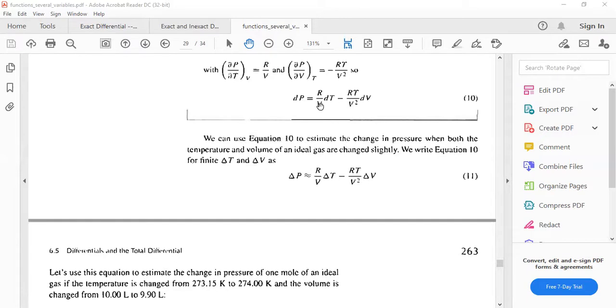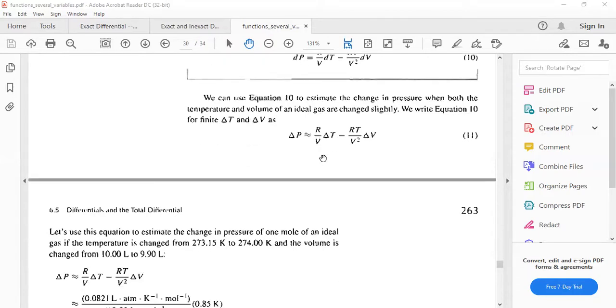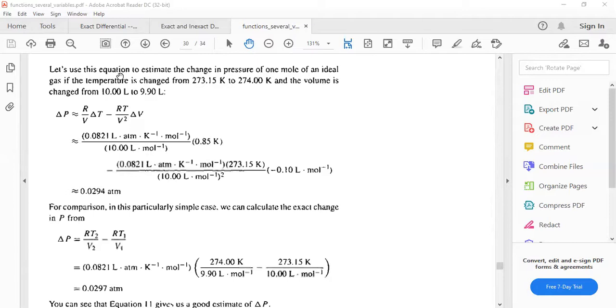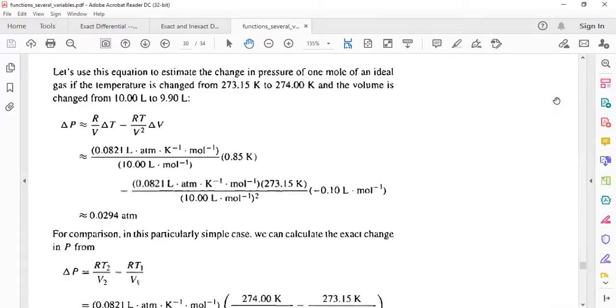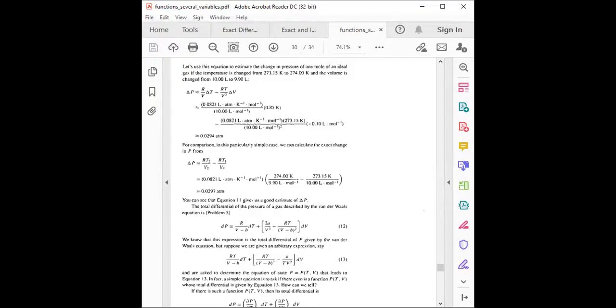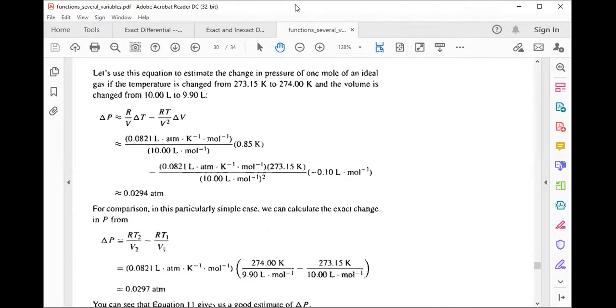For example, let us use this equation to estimate the change in pressure of 1 mole of an ideal gas if the temperature is changed from 273.15 Kelvin to 274 Kelvin.